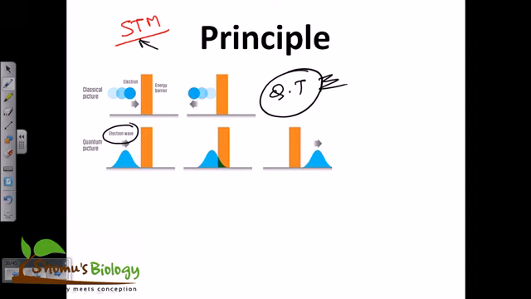So what we do in the scanning tunneling microscope is that obviously we have a sample, right? Whatever sample let's say we have. The sample we majorly use in this case is not always living sample, or not even living samples. We use scanning tunneling microscopy to understand the surface of different atoms, different molecules, different metals.